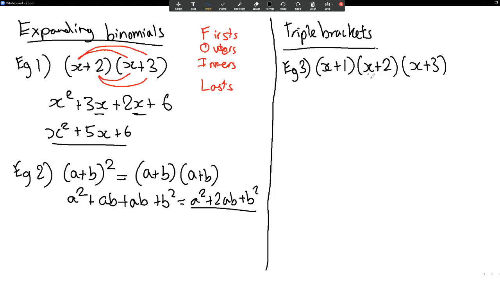So what we need to do is we have three brackets we want to multiply. So what we can do is we can multiply two of them together. We already know how to do that. In fact, we've already learned that x plus 2 times x plus 3 is x squared plus 5x plus 6.